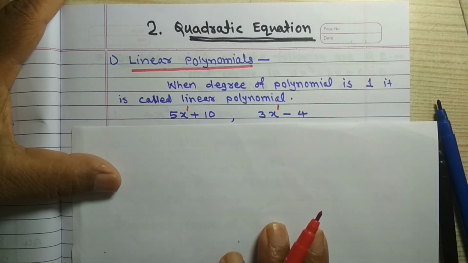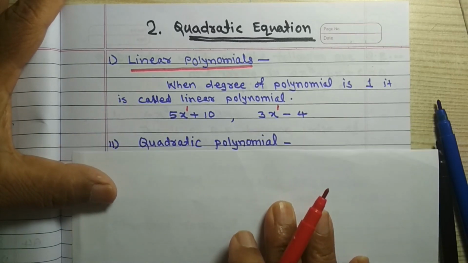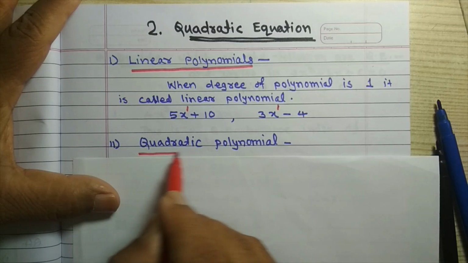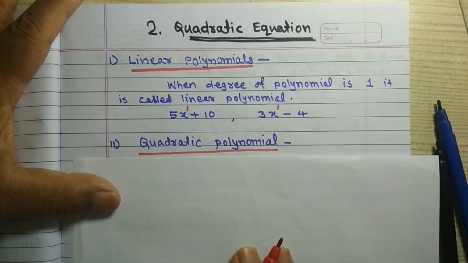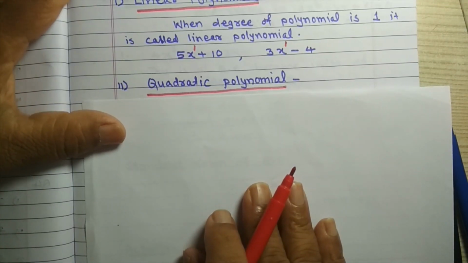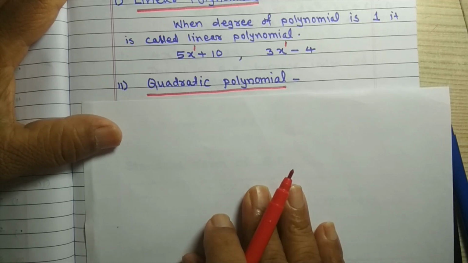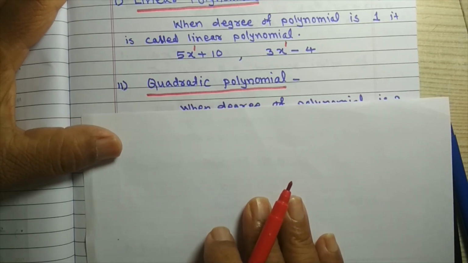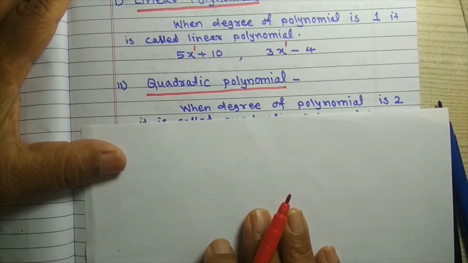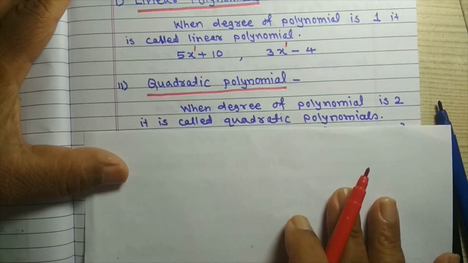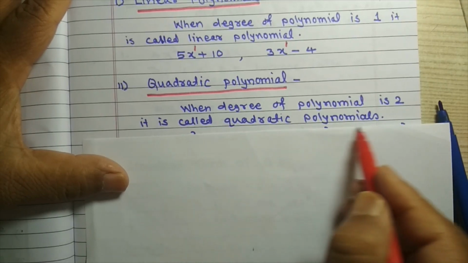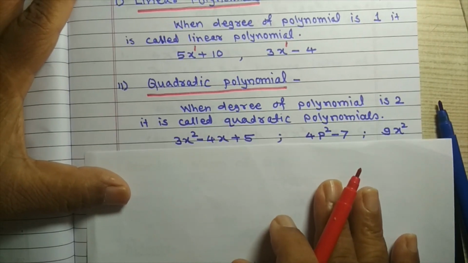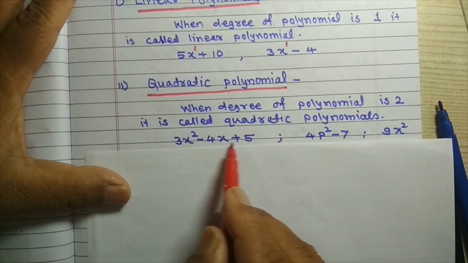Okay. Secondly, quadratic polynomials. We know there the maximum index will be 2. Such type of polynomials are said to be quadratic polynomials. When the degree of the polynomial is 2, it is called a quadratic polynomial. See here, 3x square minus 4x plus 5.